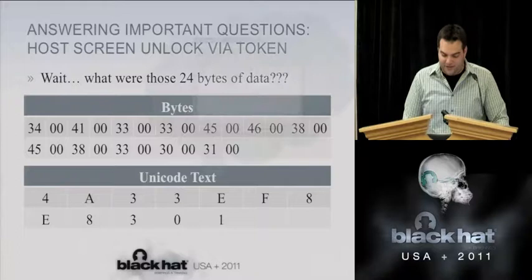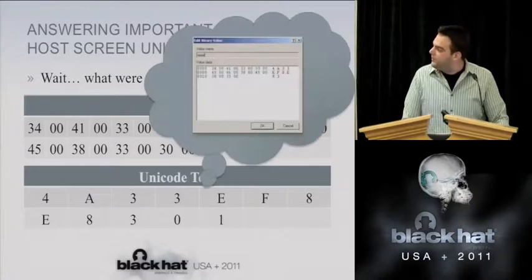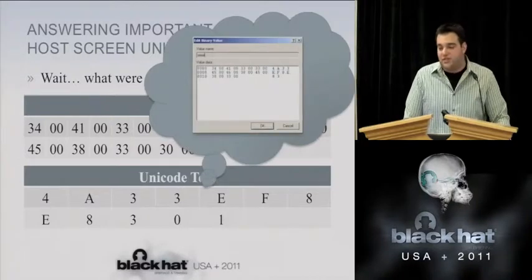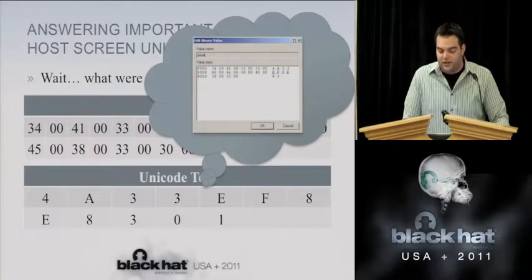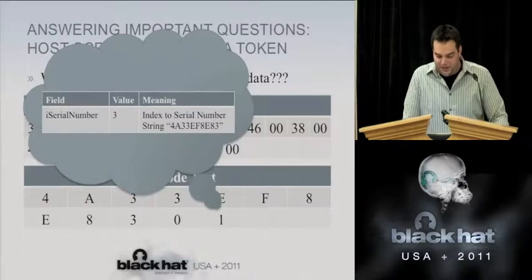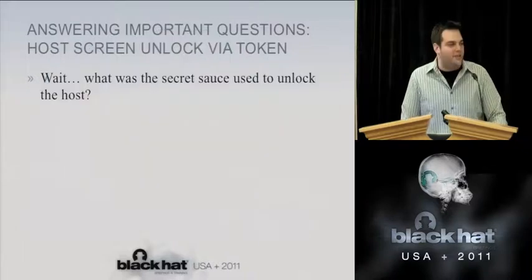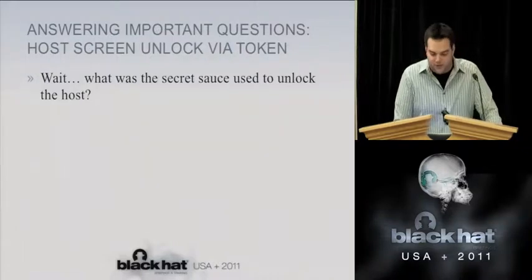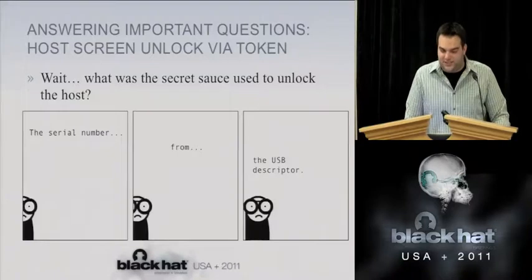Looking back, I think that was stored in our registry, which is fine. We can't compromise the registry. But also, that was disclosed in our USB device descriptor table. That's on the USB device that someone can unplug and plug into their own computer. So what again was that secret sauce used to unlock the host? The serial number from the USB descriptor?